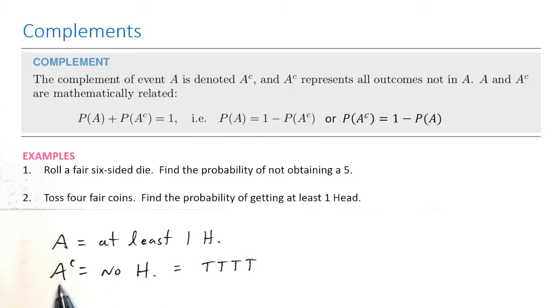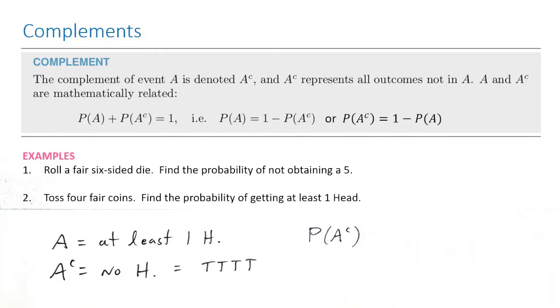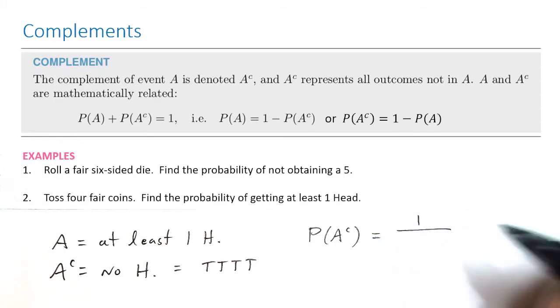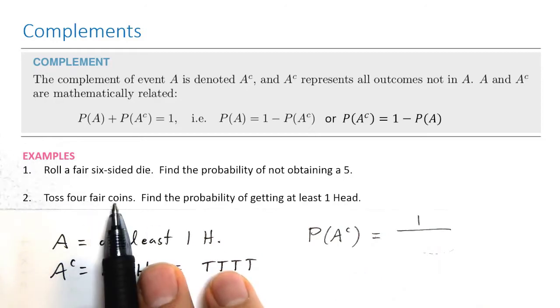Okay, now that's something we can compute the probability of. How would we compute this probability? The probability of getting tail, tail, tail, tail. Well, there's only one way that this can happen if you toss a coin 4 times. You have to get exactly this result. How many possible outcomes are there when you toss 4 fair coins?